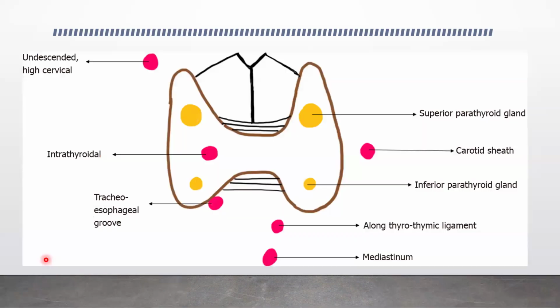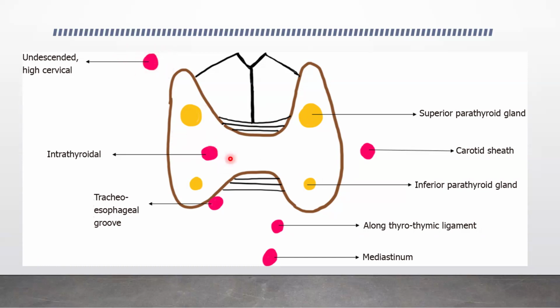So now you can have supernumerary parathyroid glands. You can appreciate down in yellow those are the normal locations of the parathyroid glands. So you can have 2 superior parathyroid glands and then 2 inferior parathyroid glands. And in this aspect you can see these are undescended high cervical parathyroid glands.